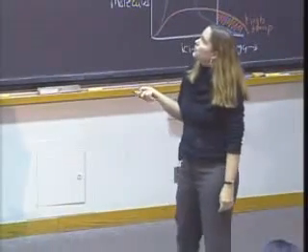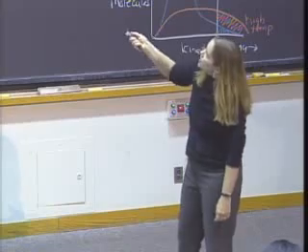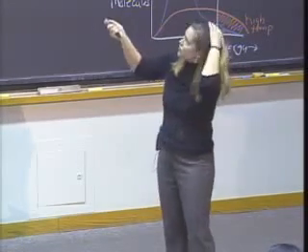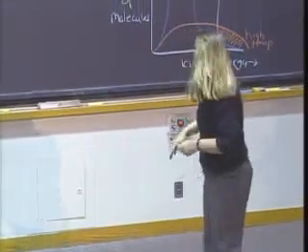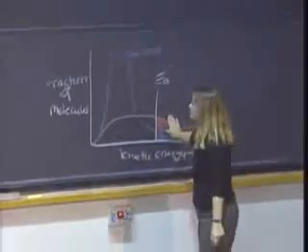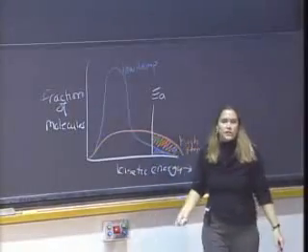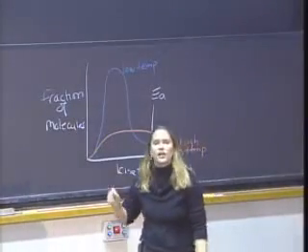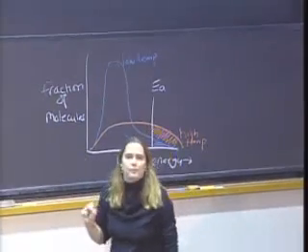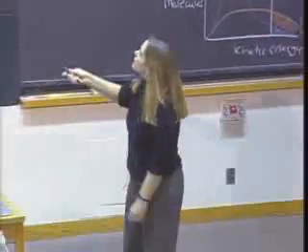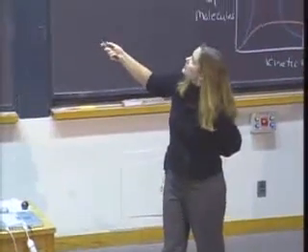Okay, so what happens if you increase temperature? So if you increase temperature, it should increase the rate because of this down here. You increase temperature, more molecules will have the energy required to make it over that barrier. So for an elementary reaction, increasing temperature will increase the rate. They'll get over the barrier.